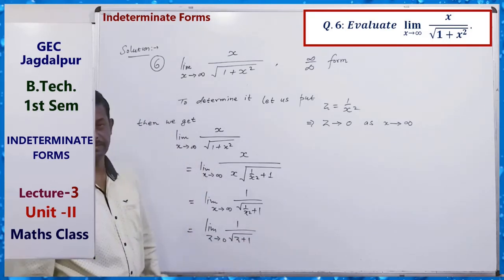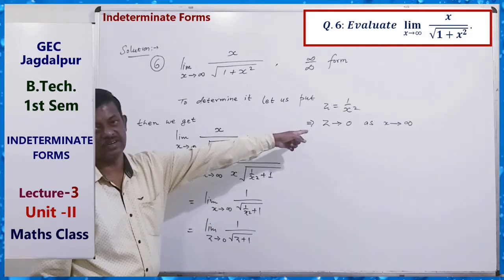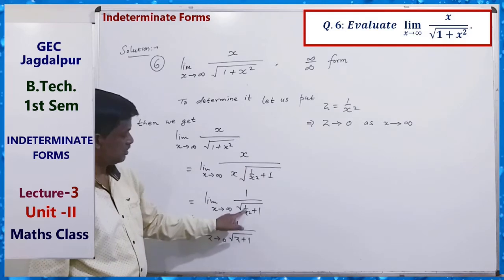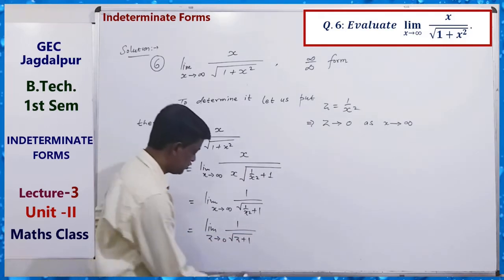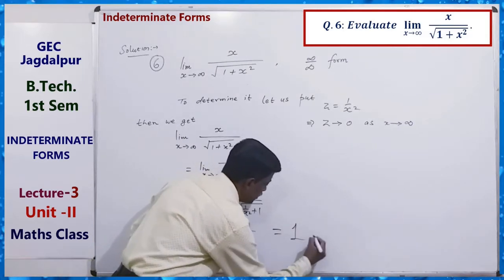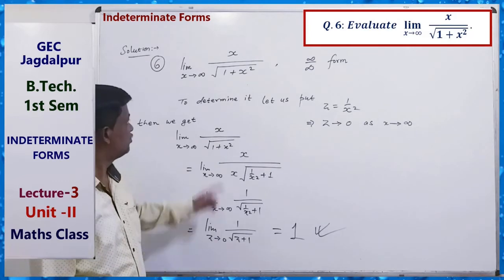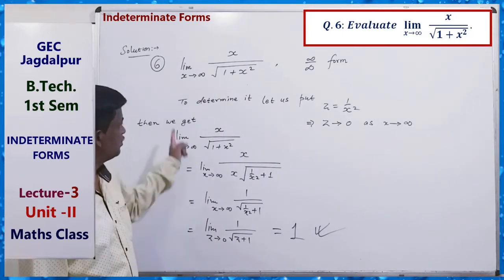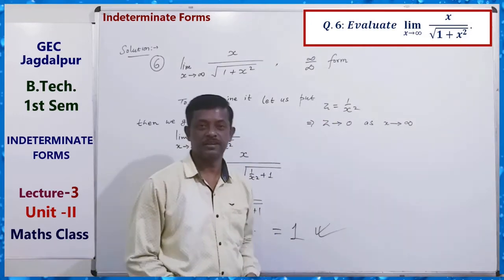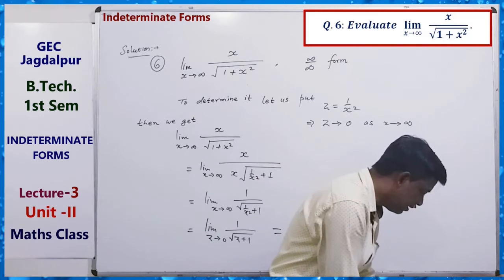Because x tending to infinity implies z tending to 0, we get 1 upon root 1, which equals 1. So this is the determination of this limit. By using this type of substitution, you can also get the value.